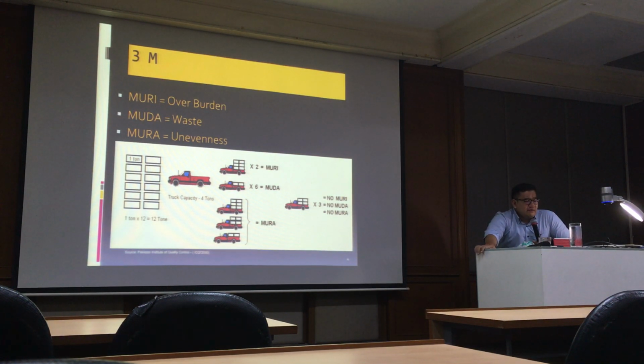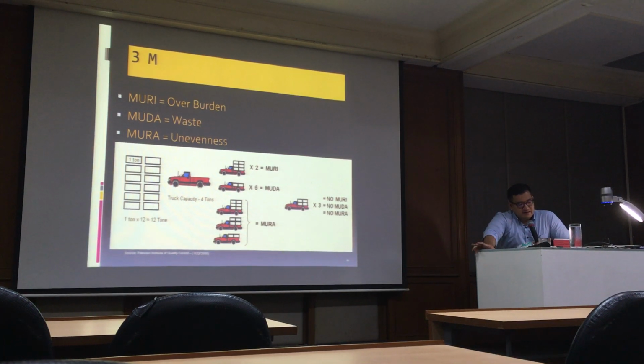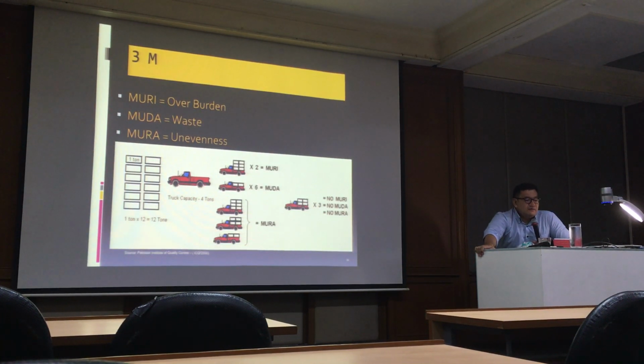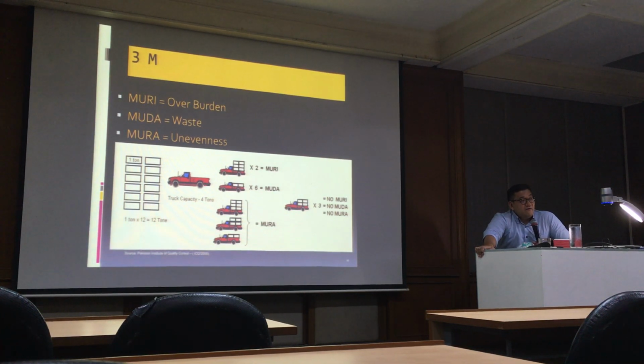If you carry 2 boxes for 6 rounds, this is muda because you still have room to carry, but you don't use it, so you have loss. And if you carry 6 tons one time, 4 tons another time, and 2 tons the last time, this is mura because it's not equal each time, so it's unstable. So the best way is to carry 4 tons for 3 rounds. It is going to reduce muri, muda, and mura.